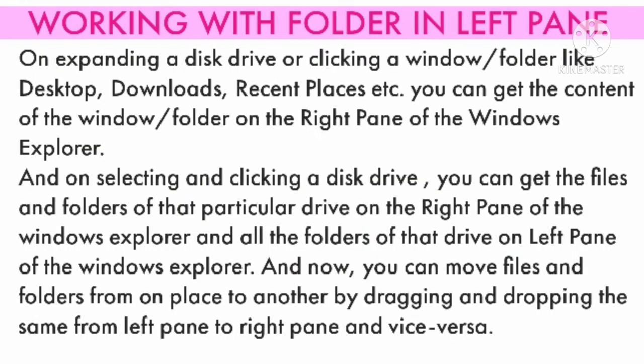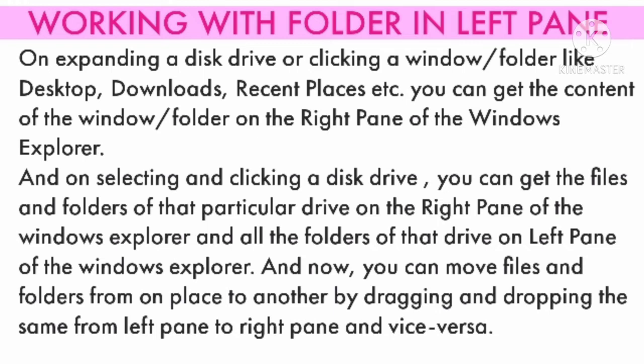Working with folders in the left pane. On expanding a disk drive or clicking a window or folder like Desktop, Downloads, Recent places, etc., you can get the content of the window or folder on the right pane of Windows Explorer.